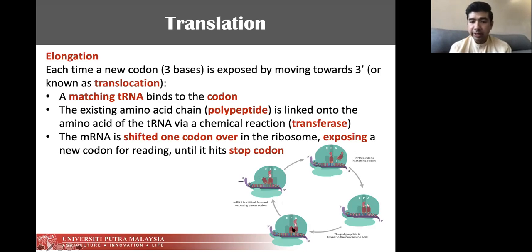This empty one slides off to the E site and is released. The mRNA is shifting one codon over in the ribosome, sliding, exposing a new codon for reading. It just works by sliding the sites.